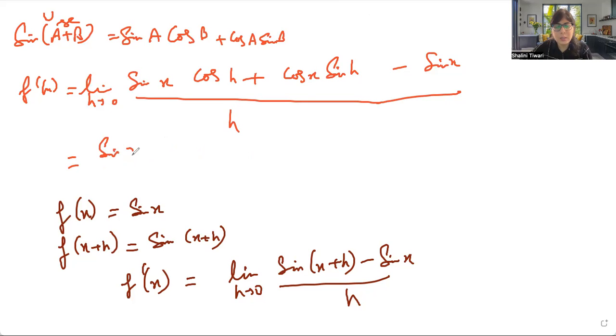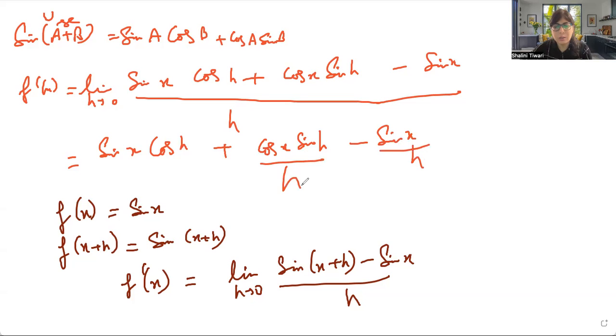So sin x cos h plus cos x sin h minus sin x. So we just do the LCM division like this. And separately we just put this limit, limit h tends to 0, limit h tends to 0.